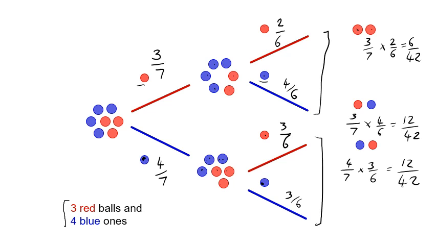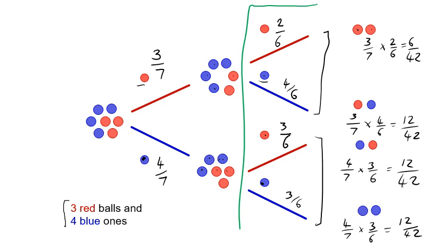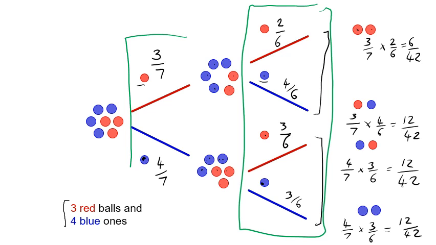That would be 4/7 times 3/6, which is also 12/42. So the main thing that's going to be different today is that these probabilities here will not be the same as these probabilities here. We'll look at another couple of examples now to hopefully help make some more sense of that.